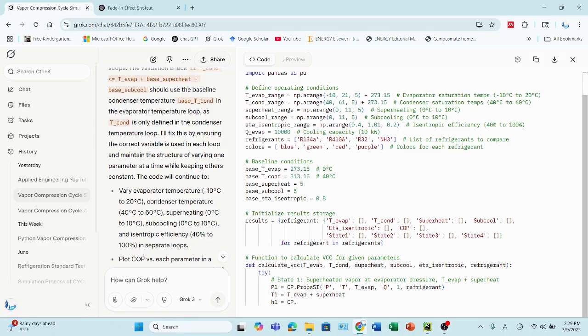That is, we will check whether Grok can calculate the exergy efficiency of the system, and whether it can calculate the exergy destruction of the cycle.